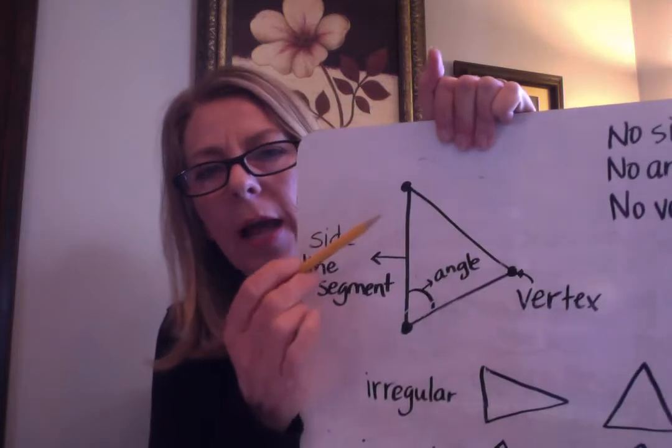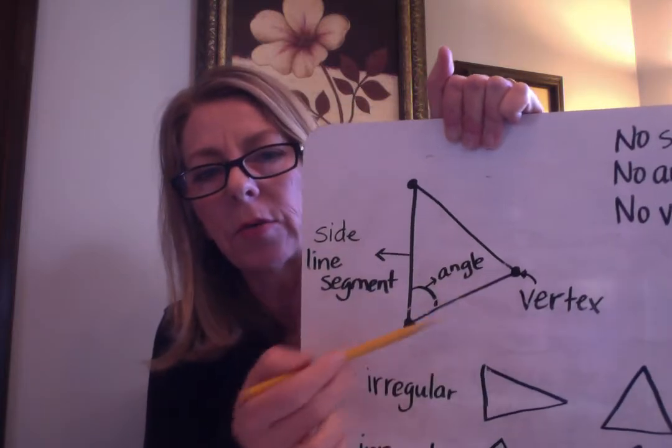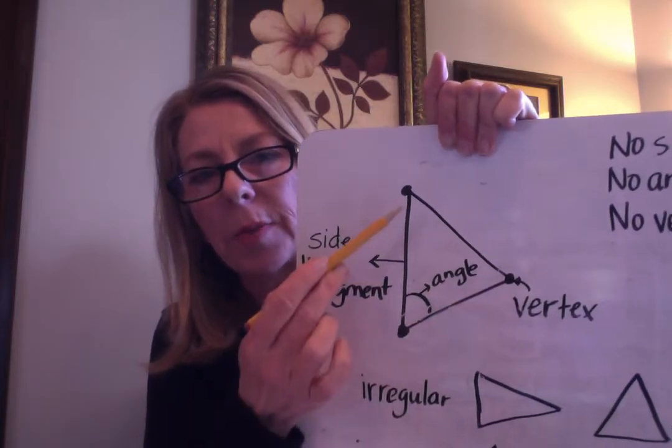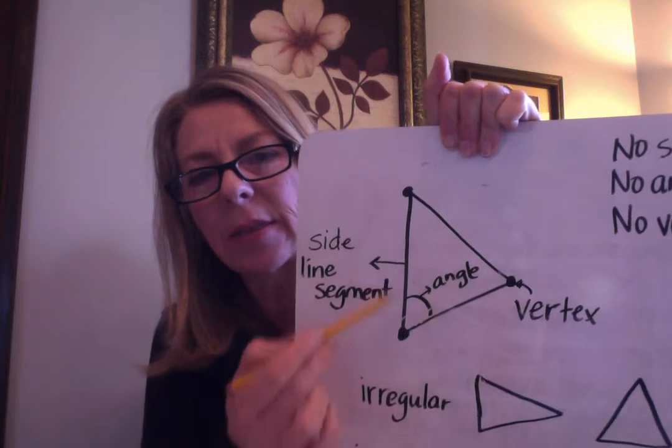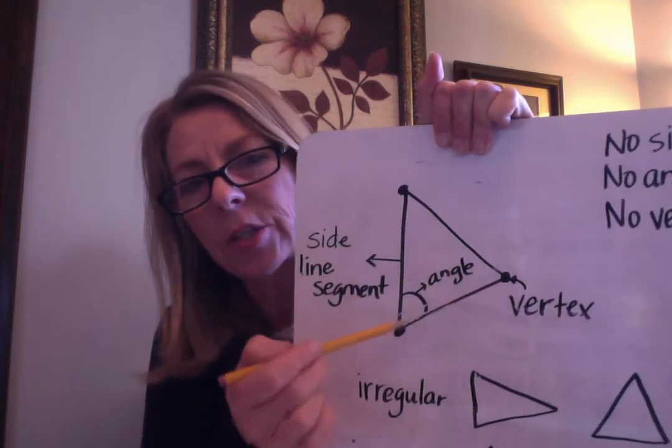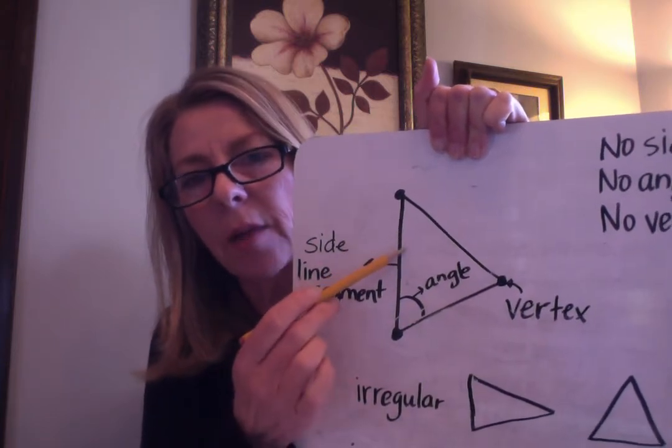So sometimes with polygons, we can call them, well, let's take a look at this polygon. I know it's a polygon because it's a closed figure, right? No openings. It has many sides. I see 3 sides there. It's a flat shape, so this would be considered a polygon.